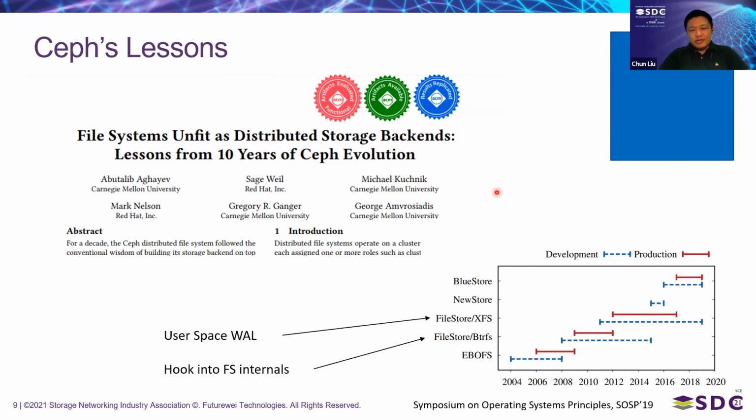Then they used a user space write-ahead log on XFS in 2012. In 2015, they experimented with RocksDB on a journaling file system, and that did not go into production. In 2017, they switched to BlueStore.